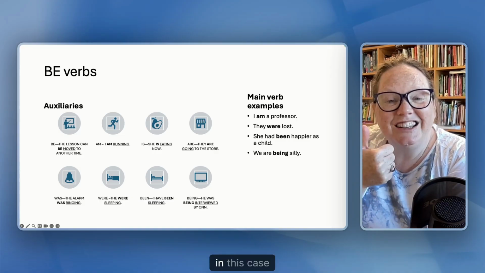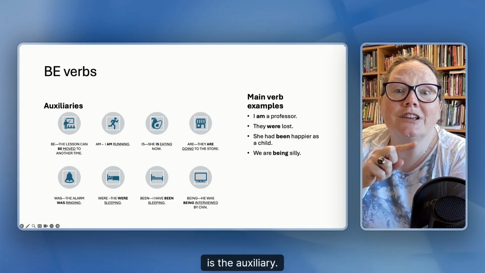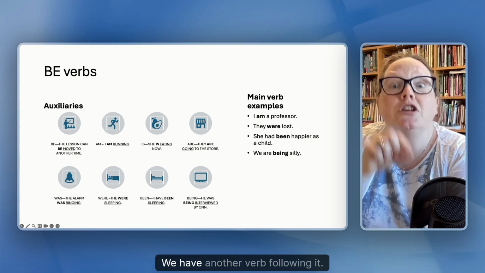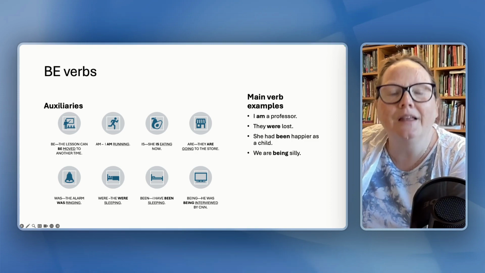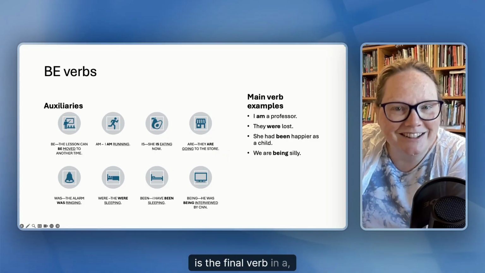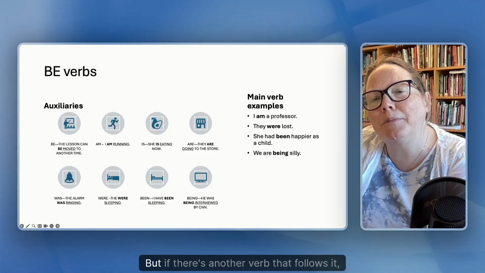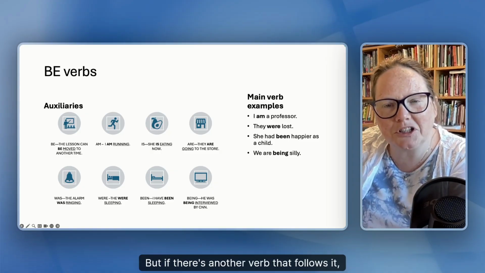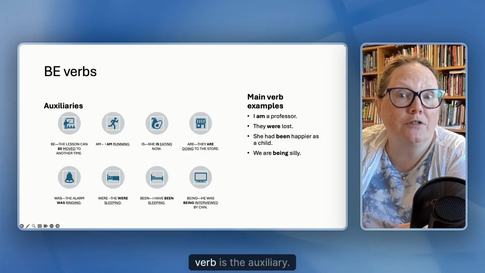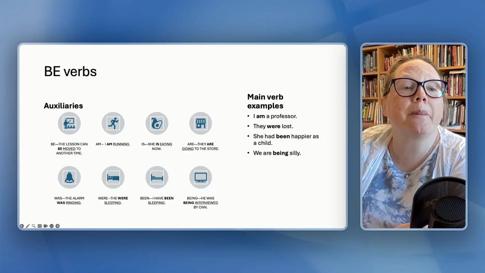Be, in this case, is the auxiliary because the main verb is moved. We have another verb following it. If be is the final verb in the verb group, then it's the main verb. But if there's another verb that follows it, then we know that the be verb is the auxiliary.